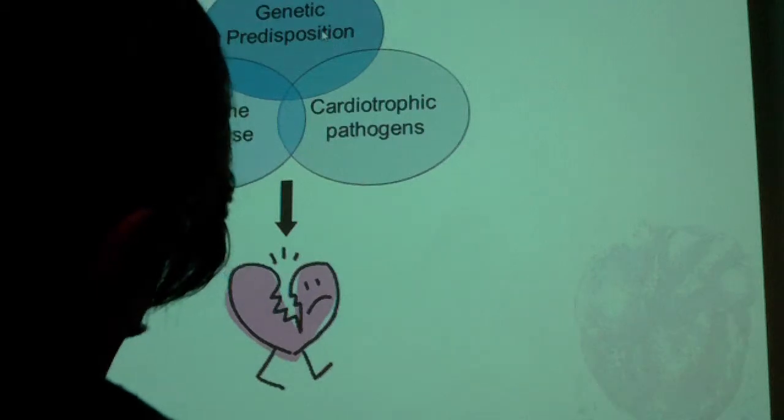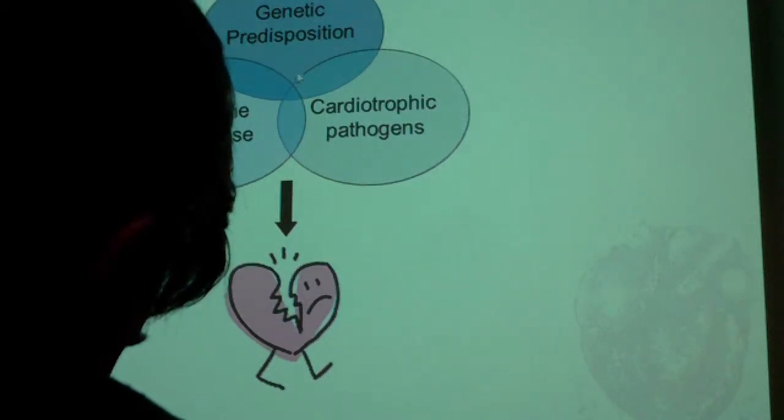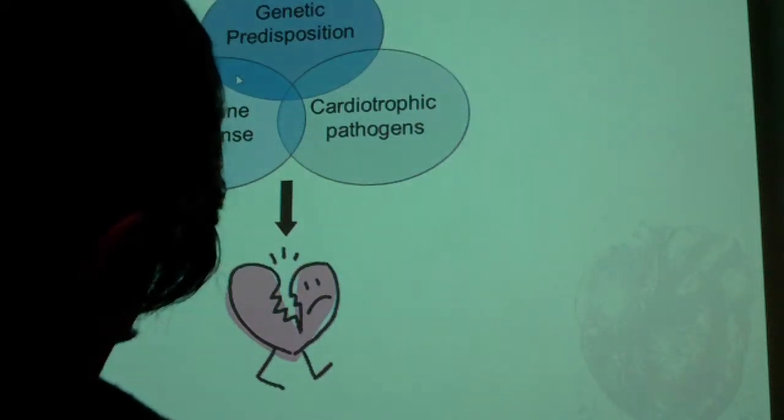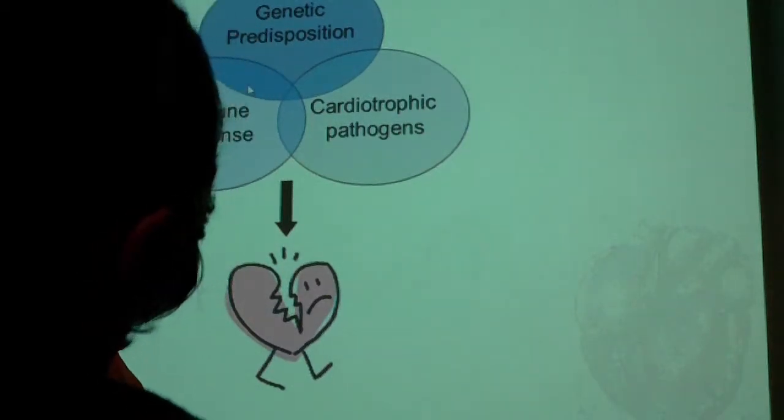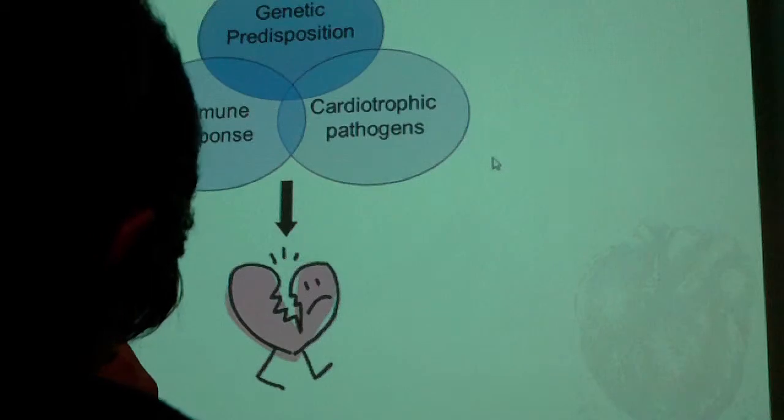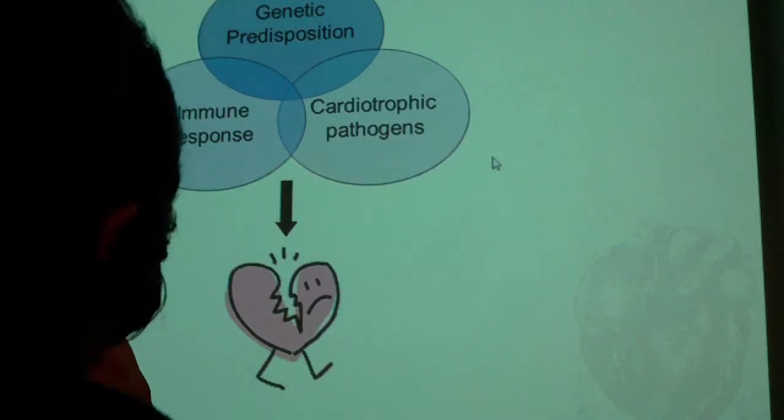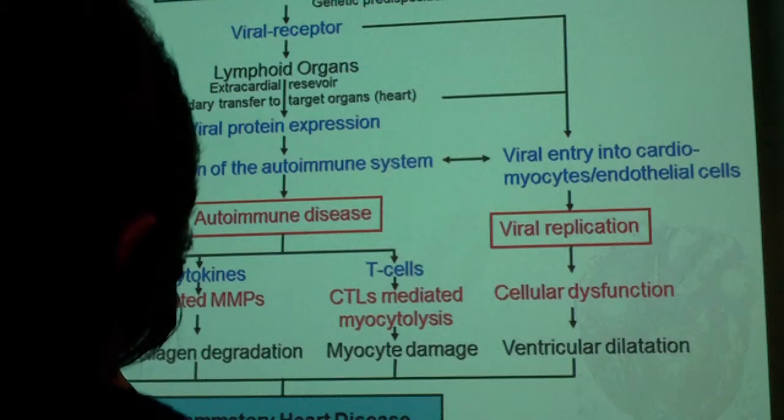You have patients that have a genetic predisposition without an immune response. They don't get heart failure, or the patients with a certain immune response but which never get the trigger, those also stay stable. Because it's a very complex picture, as you can see here.